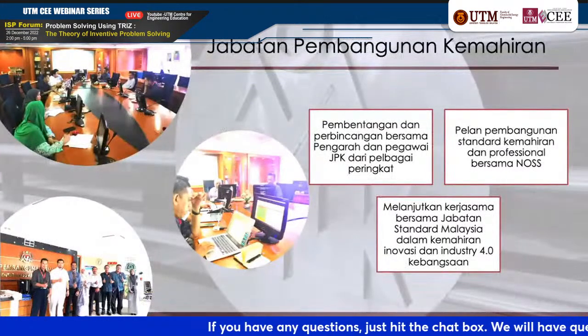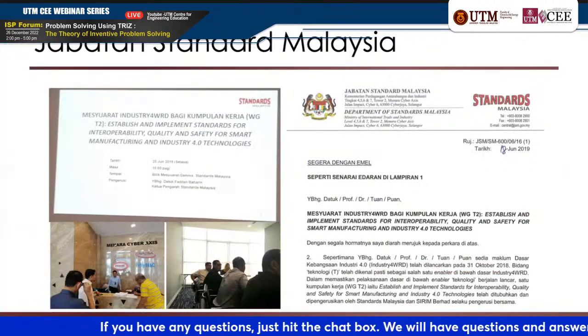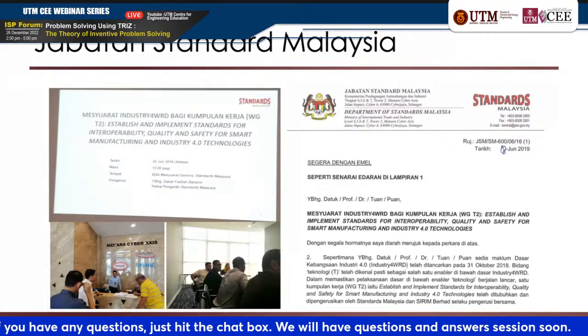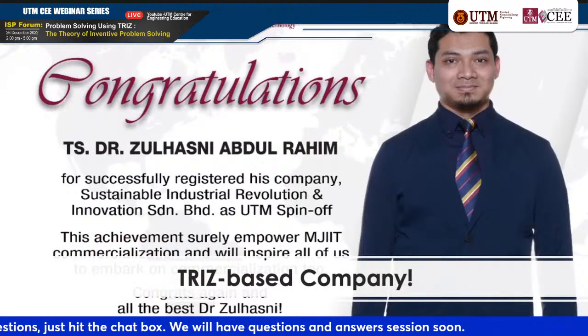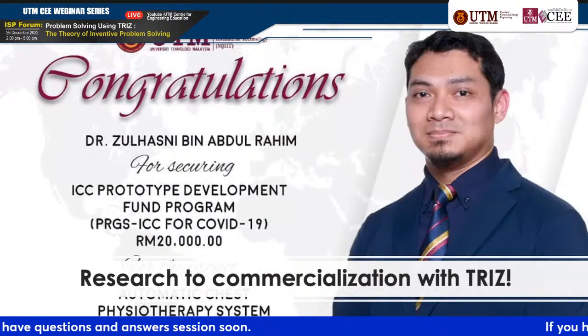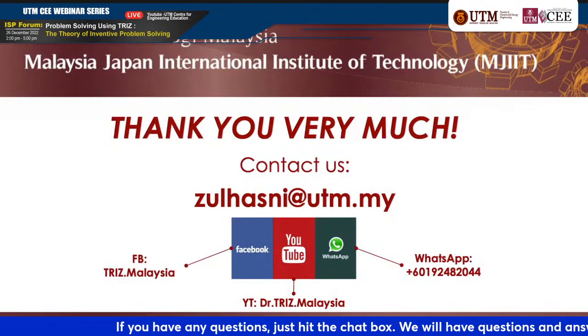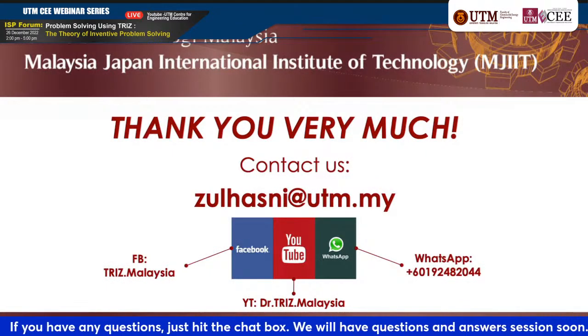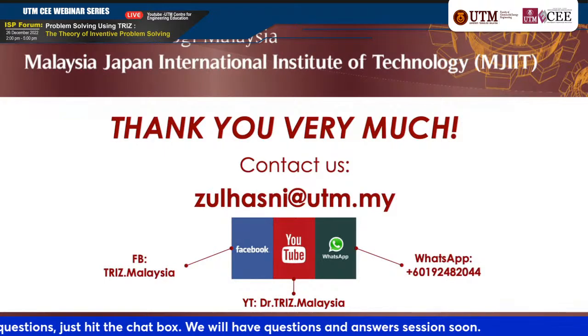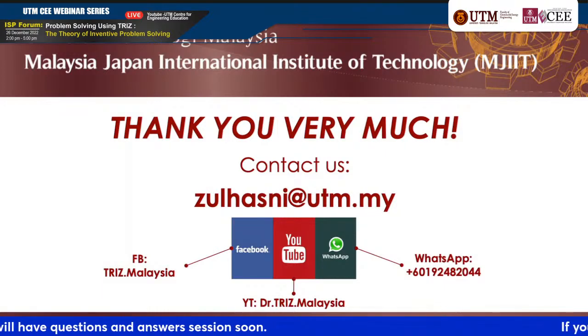We are developing skills for the future generation, we are developing standards, and we are developing a spin-off out of it. We were also able to secure very high value grants related to innovation, and eventually it was able to create impact, not just in Malaysia but also at the international level. So that is a bit about my sharing.